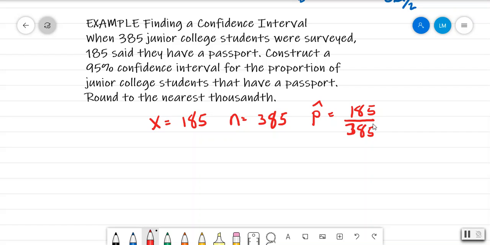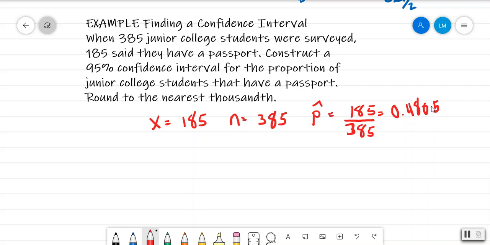Now, if we give the estimate as follows, 185 divided by 385, that's going to be 0.4805. Okay, so that's going to be the p hat, which is estimated to be our mean.